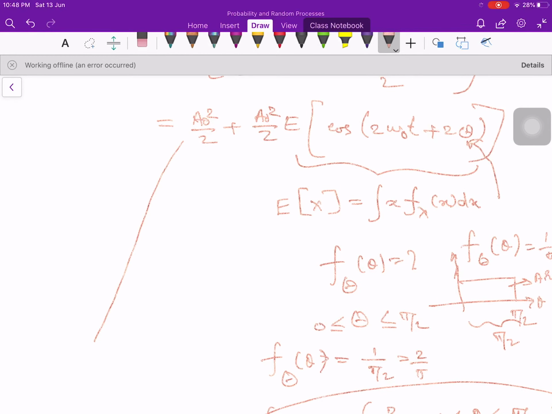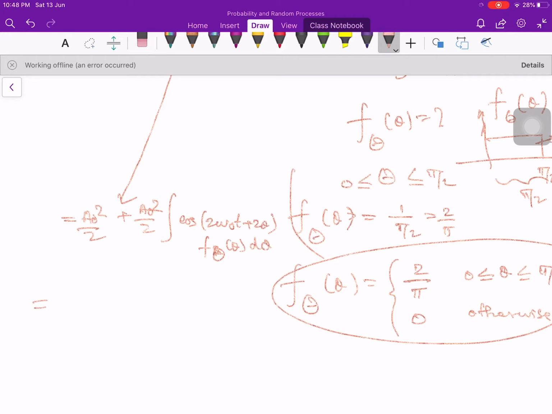So it is A naught square by 2 plus A naught square by 2 times the integral of that expectation, cos of 2 omega naught t plus 2 Theta, which can be written as the integral of cos of 2 omega naught t plus 2 theta times f Theta of theta d theta.